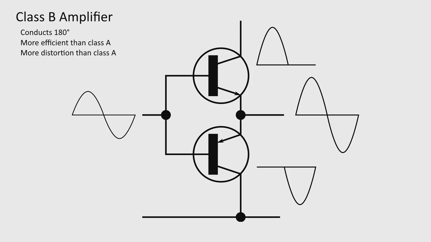Those have to be assembled back together to get the full sine wave that you're going to be listening to, or the output of the amplifier. At radio frequencies, it can be used if it's coupled to the load via a tuned circuit. A single device operating in Class B can be used because the stored energy in the tuned circuit supplies the missing half of the waveform.